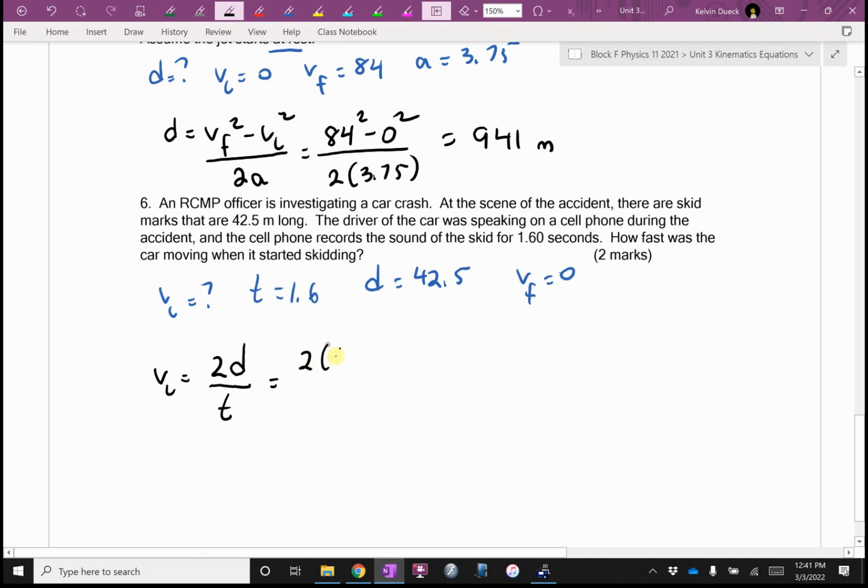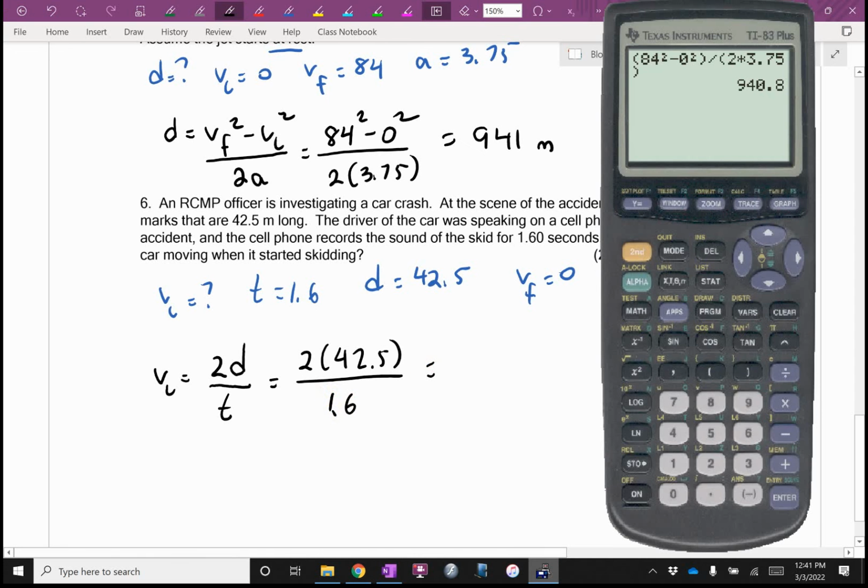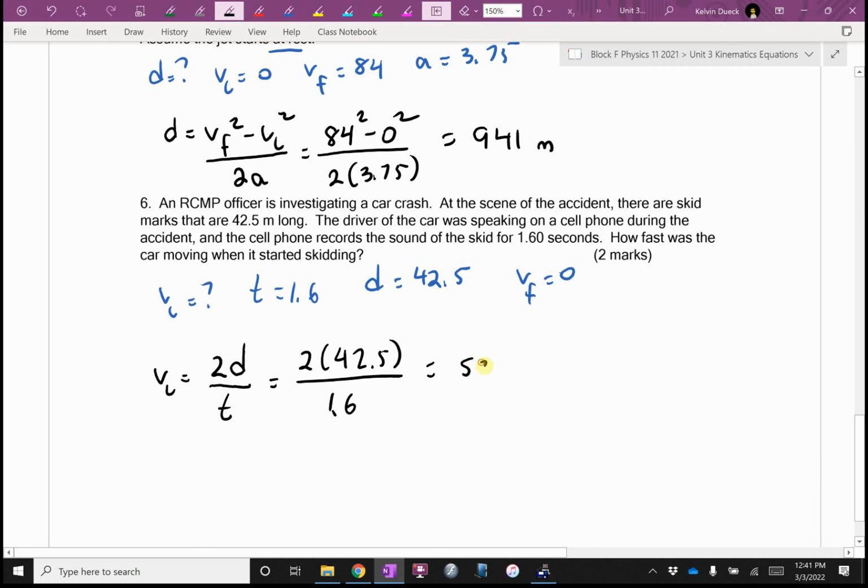It's going to be 2 times 42.5 divided by 1.6. You'll get 53.125, 53.1 meters per second. 2 marks.